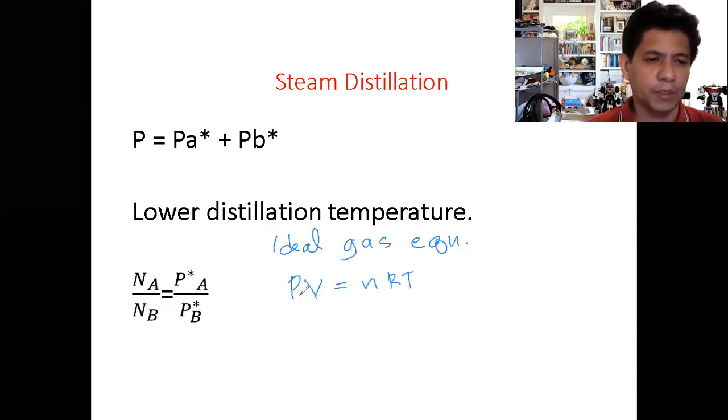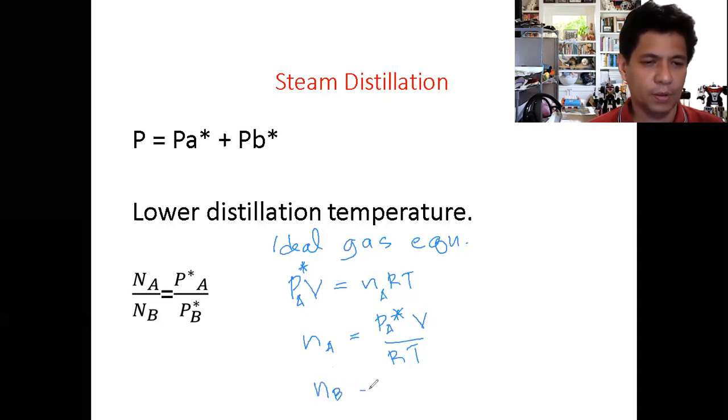So for example, this is P sub A star, N sub A. If you isolate N sub A, you will have P sub A star times volume divided by R times T. This will be true also for N sub B. So N sub B would be P B star V over R T.